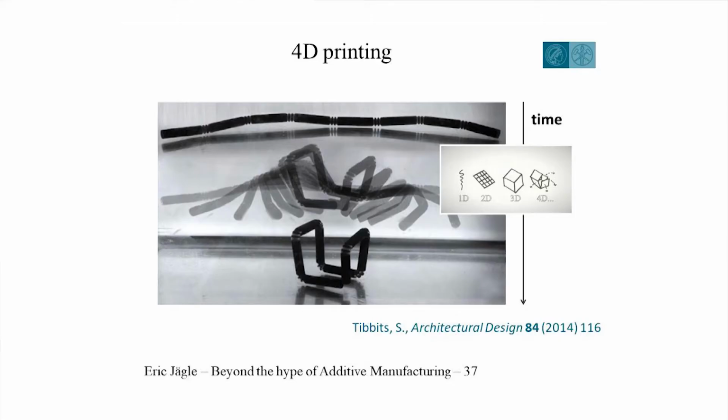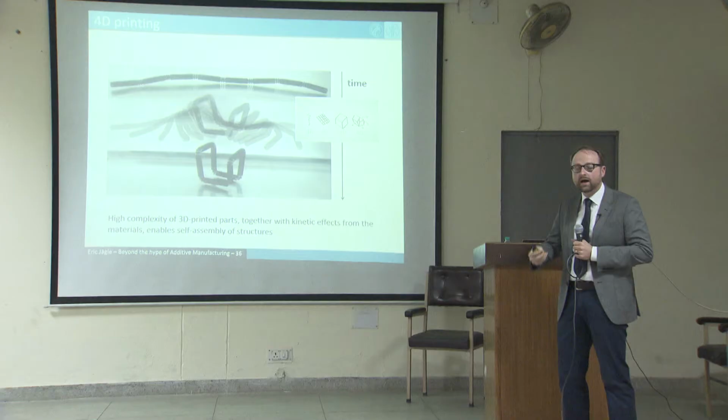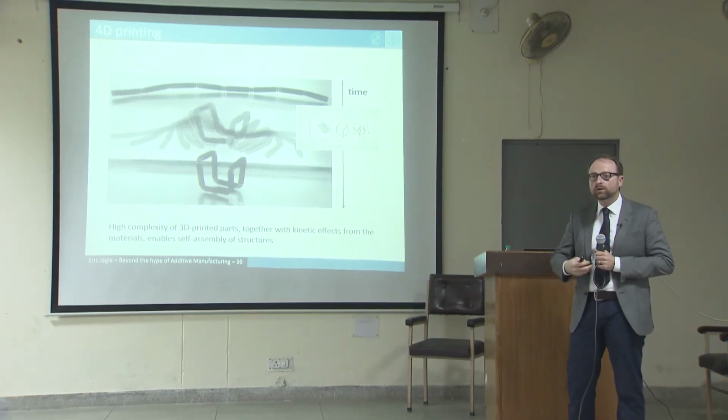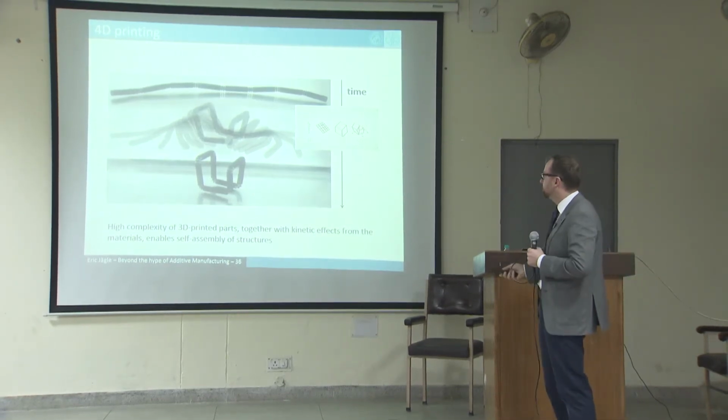4D printing, this is one of the technologies that you already saw in the emerging technologies hype cycle. So what is 4D printing? You have 3D printing, and on top of that, as fourth dimension, you have time. So you print something out, and due to the behavior of the material, after you print it out, it will on its own self-assemble in a certain fashion.